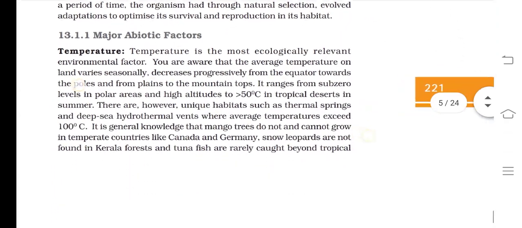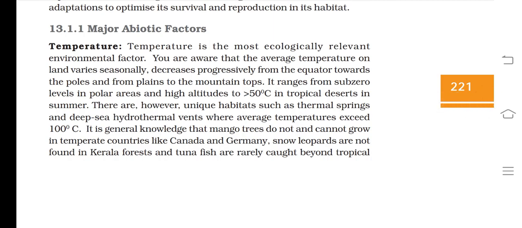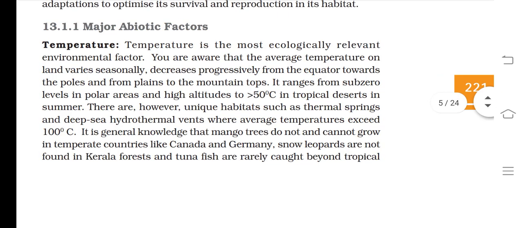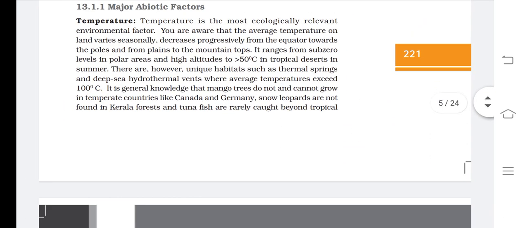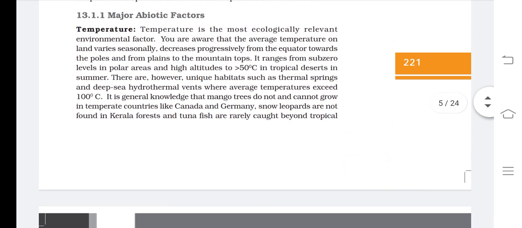So in this video lecture we will talk about the first major abiotic factor, which is known as temperature. See, these all four abiotic factors are very important from the point of view of board examination. Okay, so these all four questions are very important.